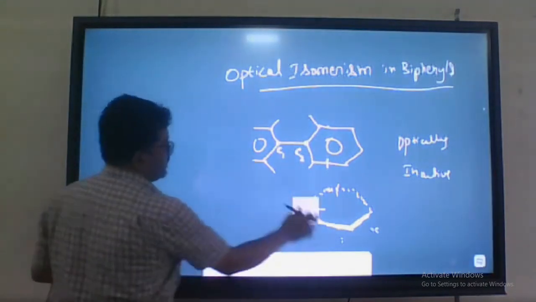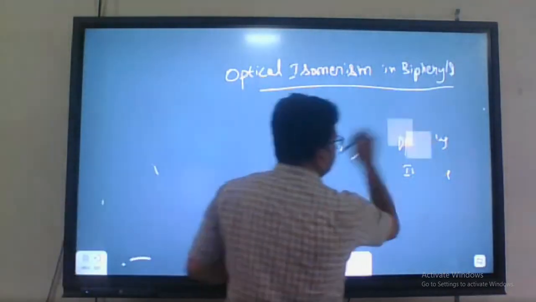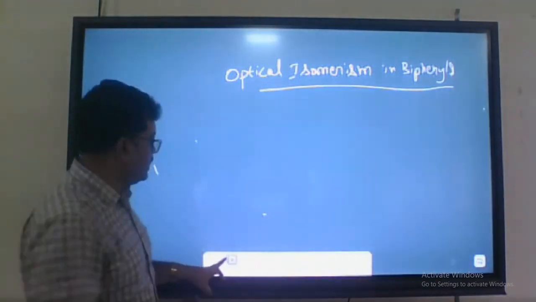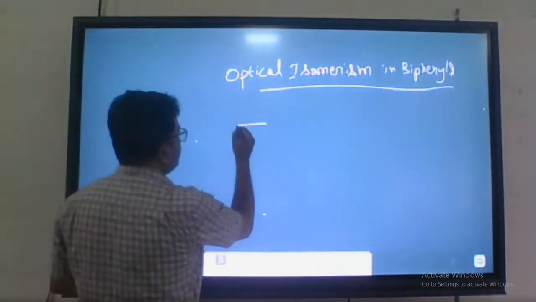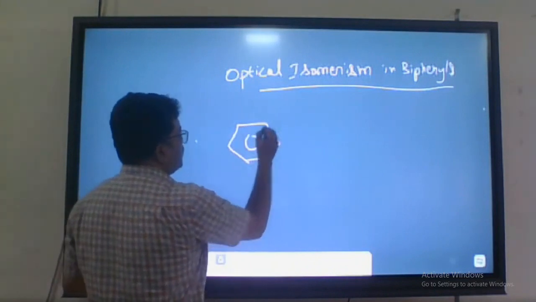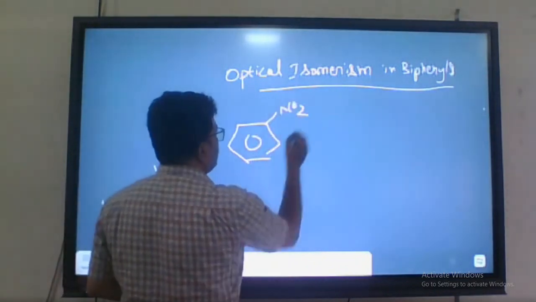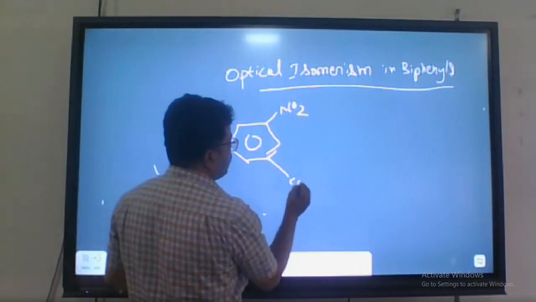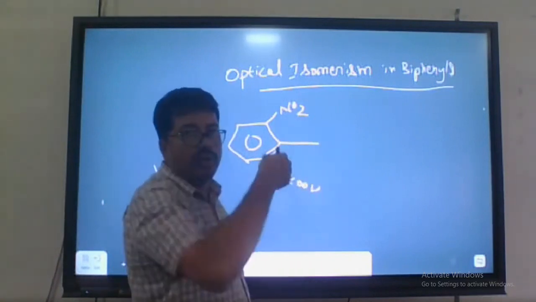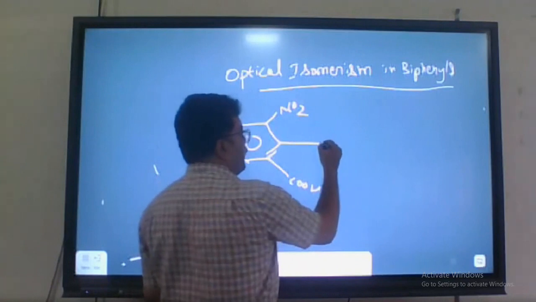For example, I will take this molecule. Biphenyl with ortho positions substituted: NO2 and COOH. One above, one below.